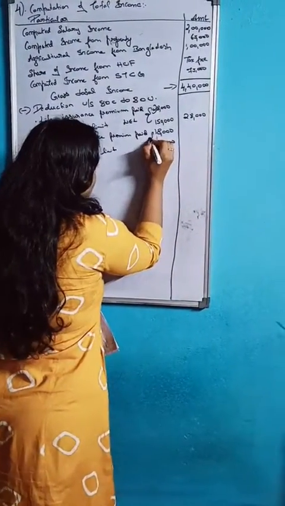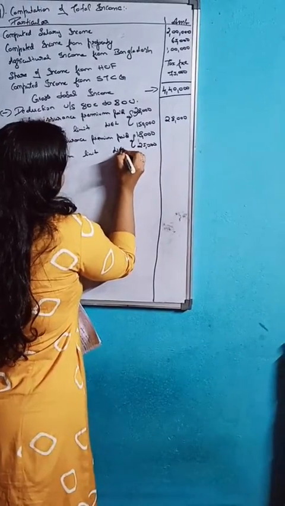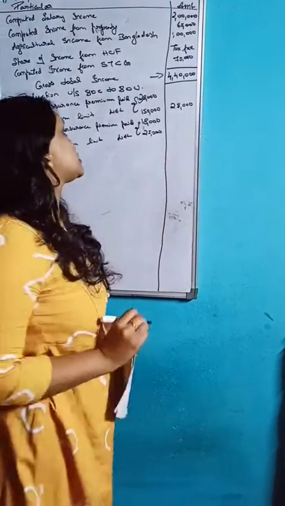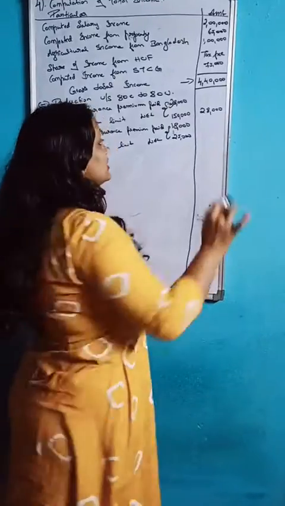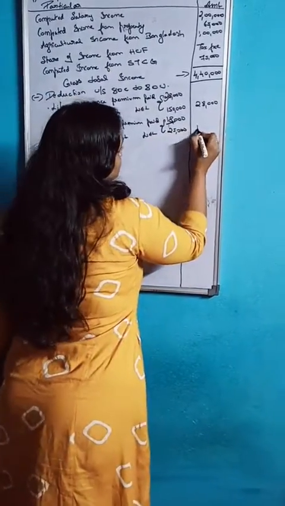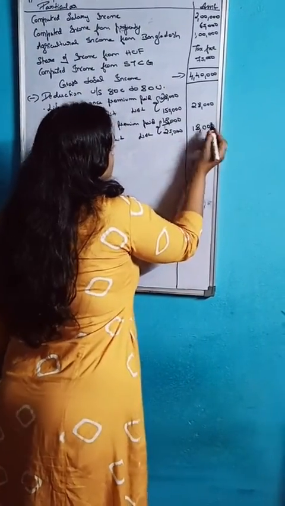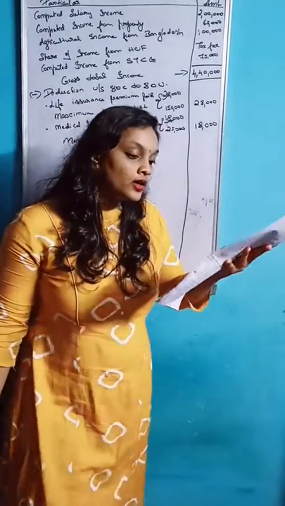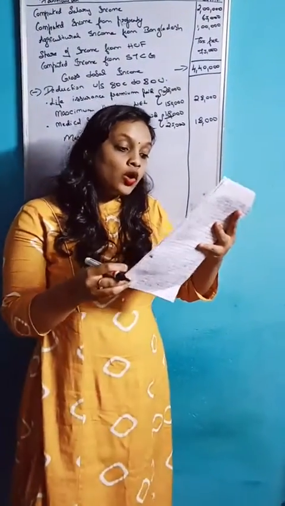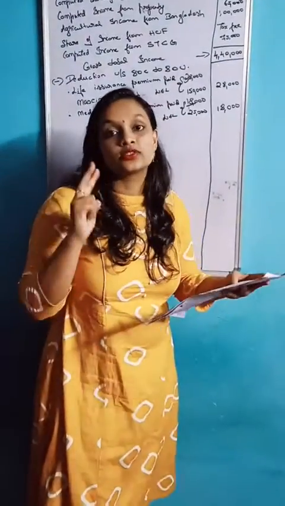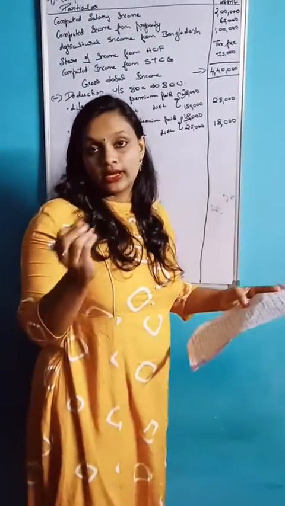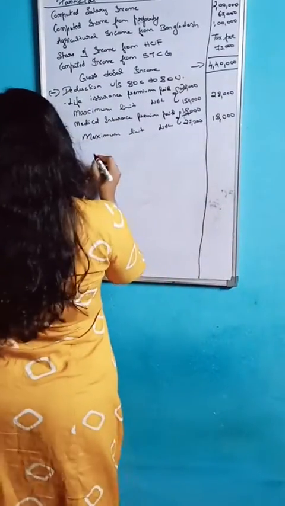So in this, whichever is less, you should write. So in this, whichever is less, 18,000. So you should write here 18,000. Next one is loan repayment towards home loan installment, 20,000. You can write the direct amount in the amount column.